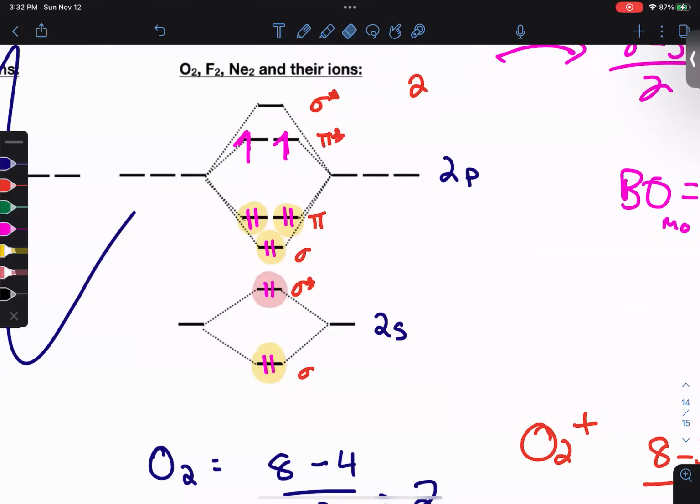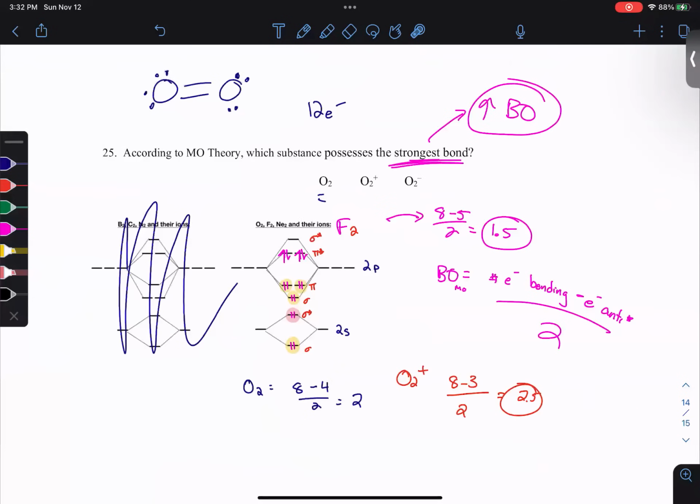But if we looked at diatomic fluorine, where we add 2 more electrons, we see that diatomic fluorine is diamagnetic because everything's paired up. Okay, so that's it. For the questions we didn't do, feel free to look at the key. Best of luck.